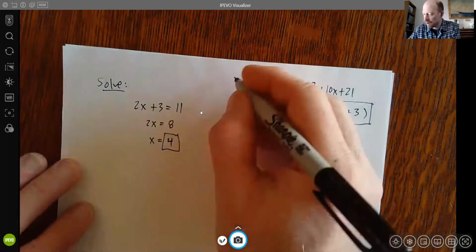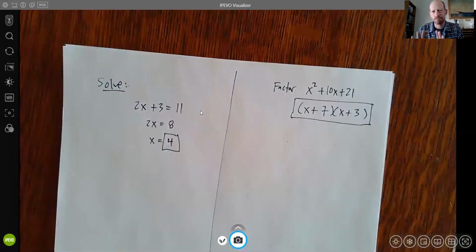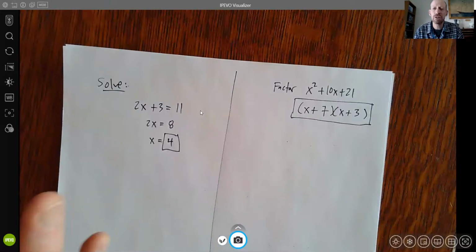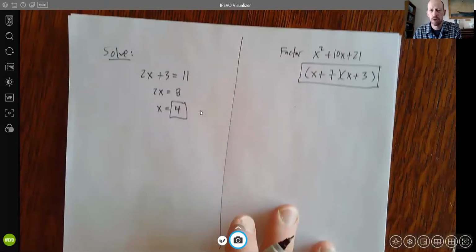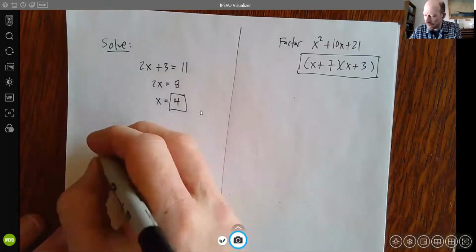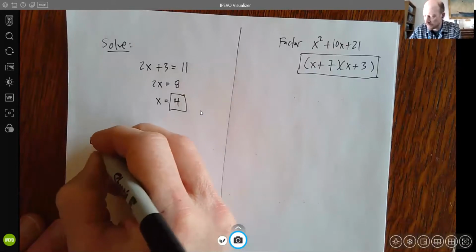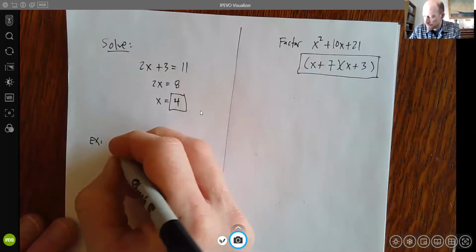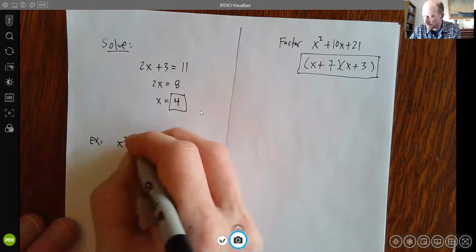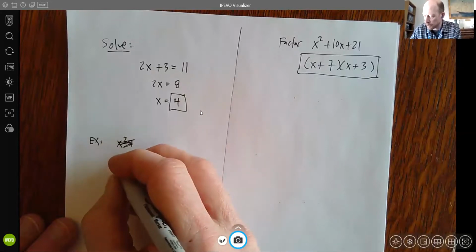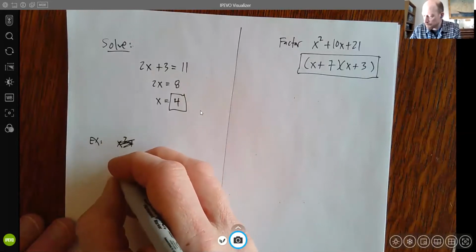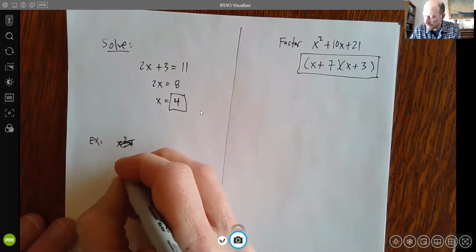So it's a very different thing we're being asked to do. But when we have certain types of equations, well, let me give you this. Let me work our way there. Yeah, let's try this.